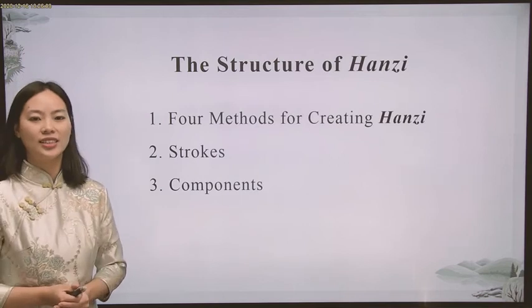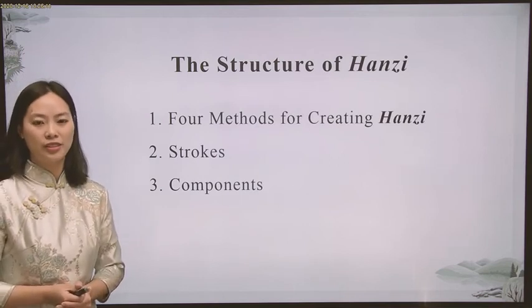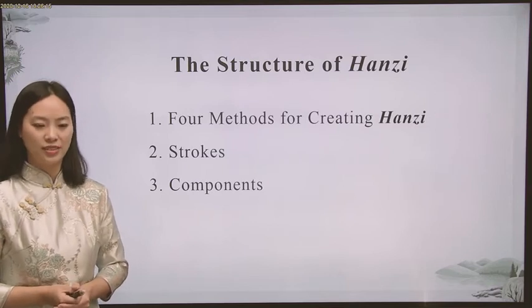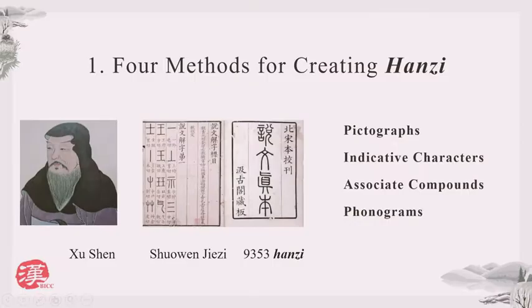This class contains 3 parts: methods for creating Hanzi, strokes, and components. This is Xu Shen, a famous scholar from the Eastern Han Dynasty. He wrote an important dictionary called 说文解字 by analyzing the shapes and origin of Hanzi.